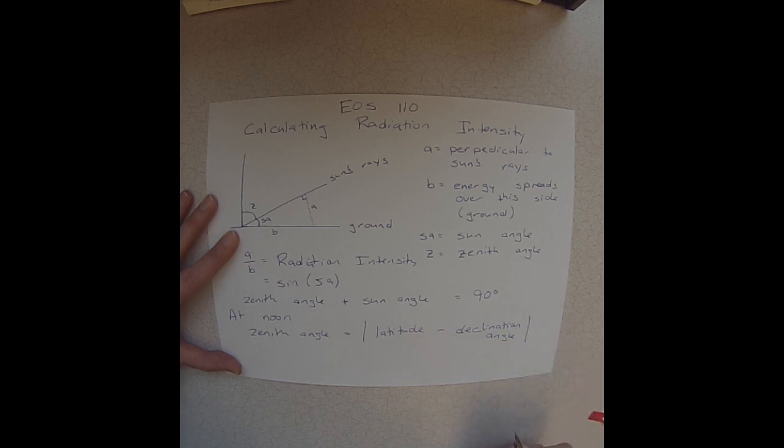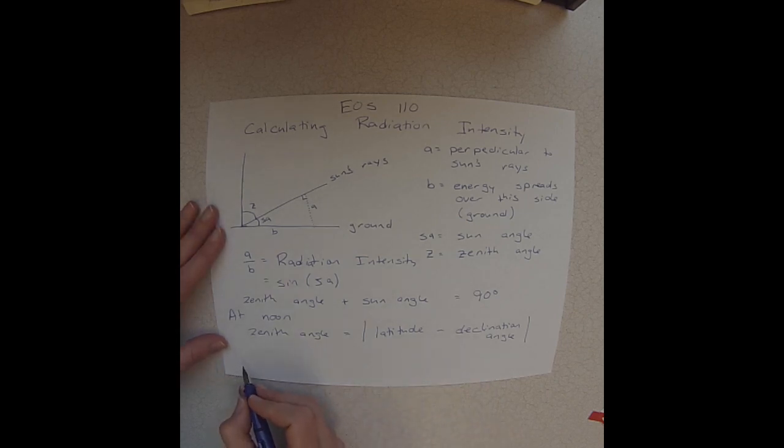Let's do an example to really show how to do a calculation like this. We did one in class for Victoria as our location during the equinox, and I want to do one here in the video for Victoria again because we like Victoria, but at the December solstice.